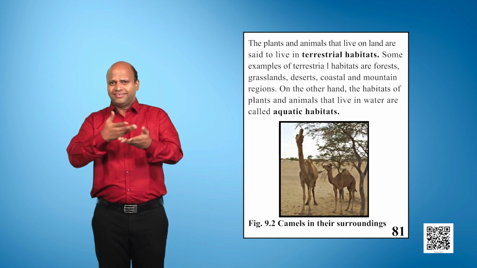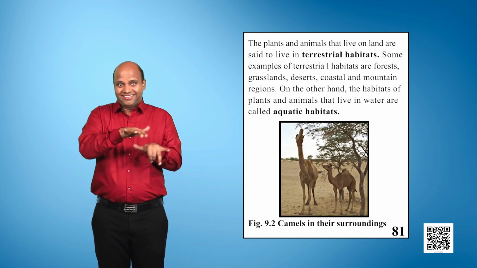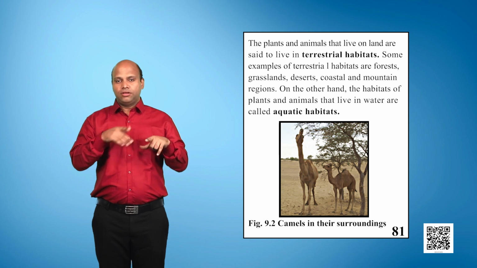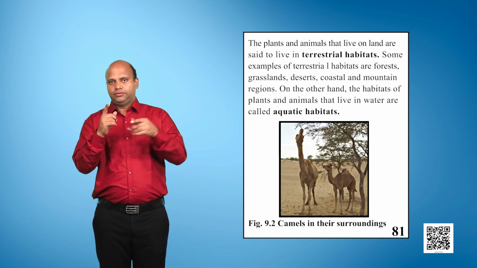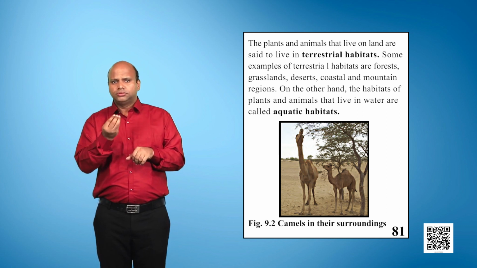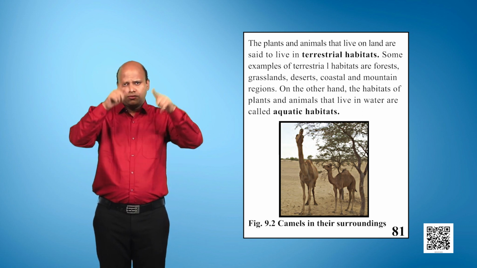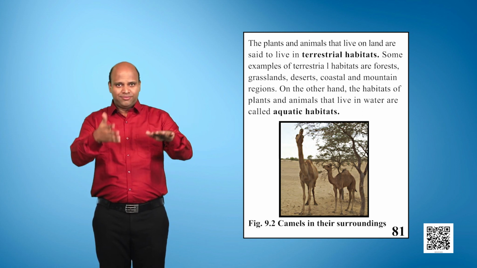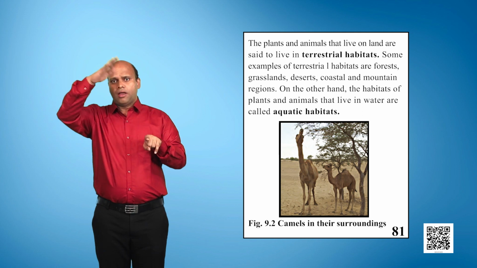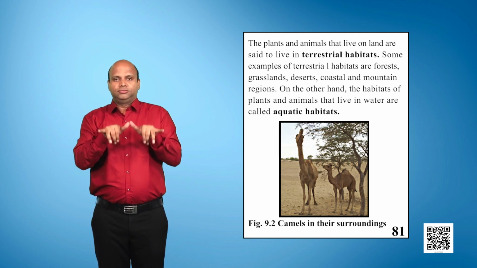Plants and animals that live on land are said to live in terrestrial habitats. Some examples of terrestrial habitats are forests, grasslands, deserts, coastal and mountain regions.